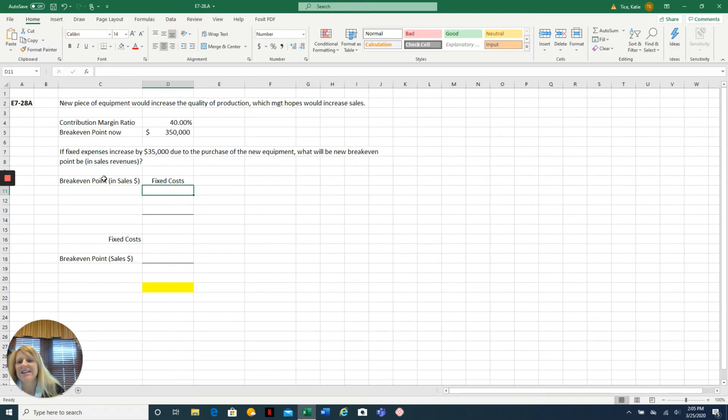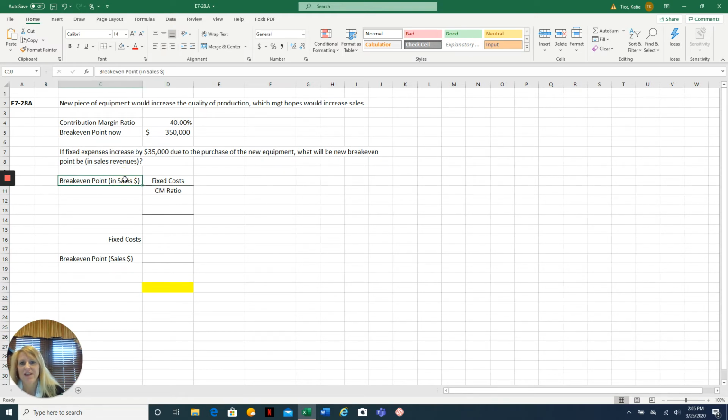And then, since it gives us the number in sales dollars, that means the denominator would be the contribution margin ratio. So again, anytime you have a break-even point problem, your numerator would be the fixed cost. And then if you want your answer in sales dollars, your denominator is contribution margin ratio.